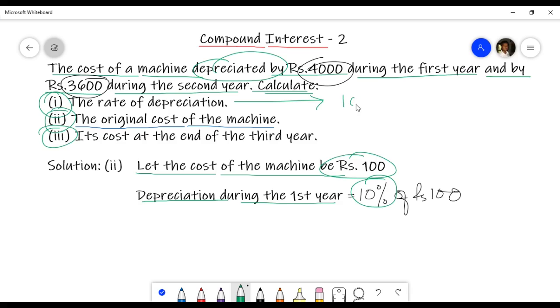Let me just write down the answer there. The rate of depreciation is 10% that we found. We are using the same rate of depreciation to find the original cost of the machine. So depreciation during the first year is 10% of rupees 100, and 10% of rupees 100 will be rupees 10.